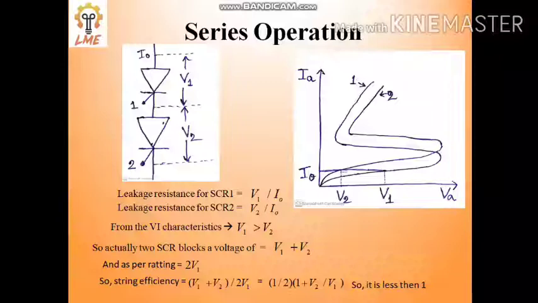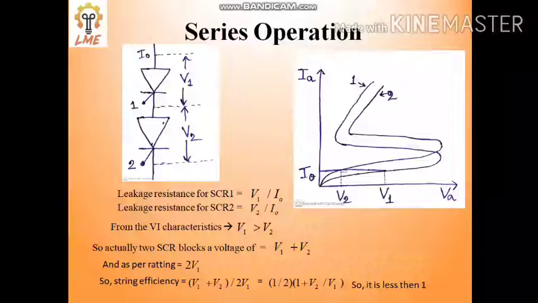It should be noted that even if SCR1 and SCR2 have the same voltage and current rating, they may not share the same V-I characteristics. That is the problem in series or parallel operation. Let's check what the actual problem is.